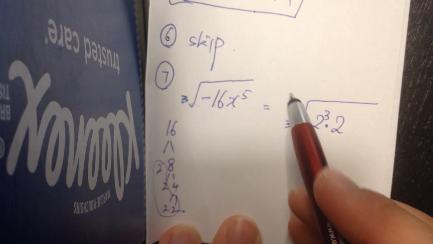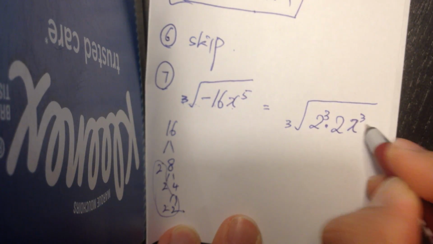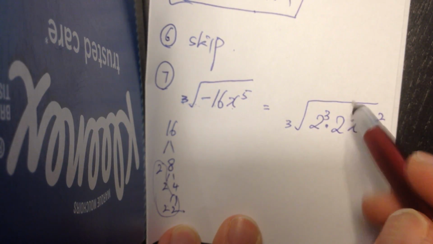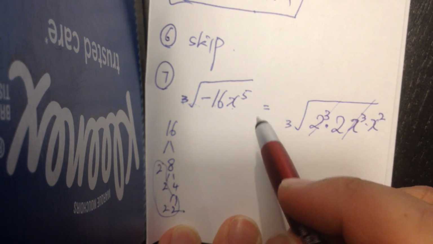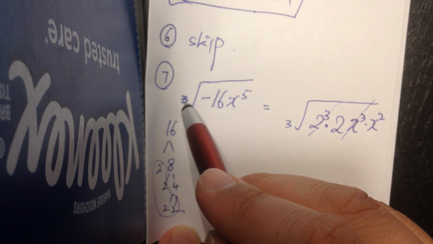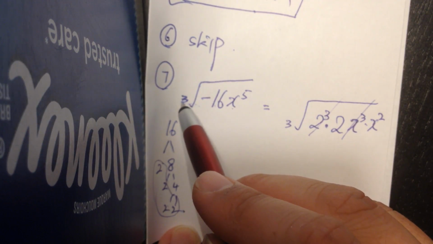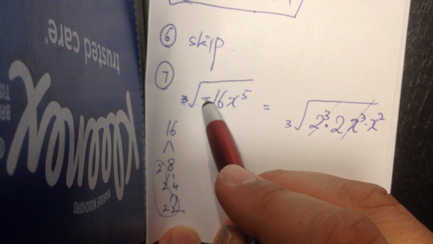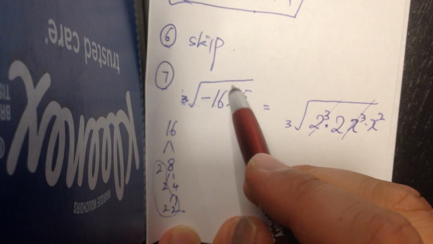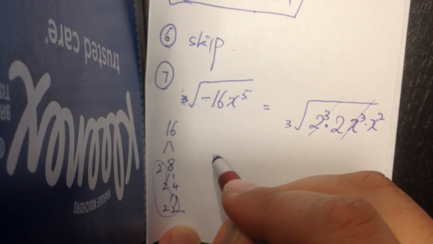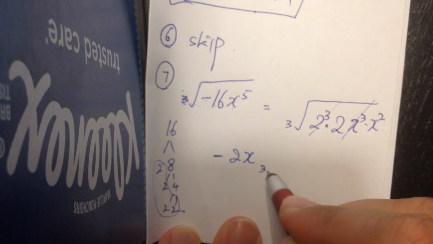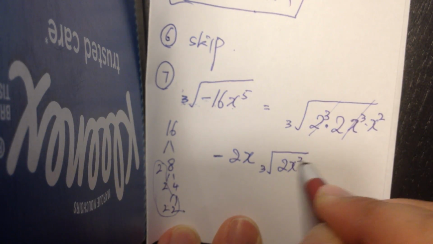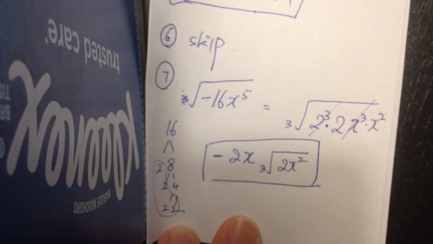Because you're making a group of 3, you're going to say x cubed x squared. Now as you can see, these two are coming out. By the way, when we have an odd index number, you could always pull out the negative right outside. Okay, so negative 2x squared. So that's the answer.